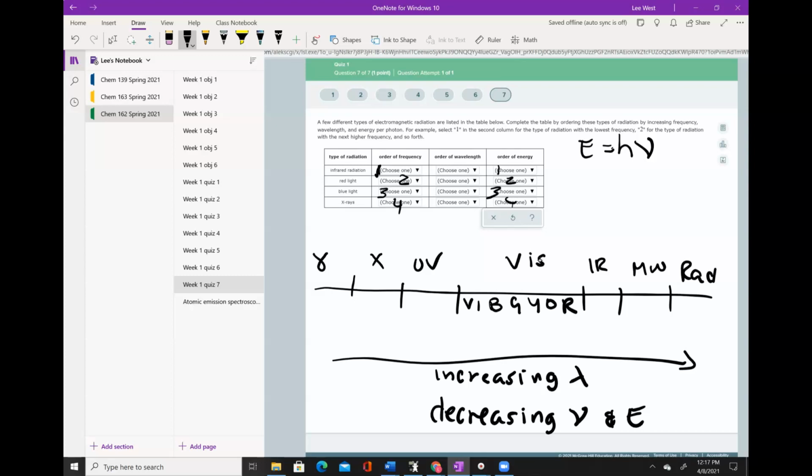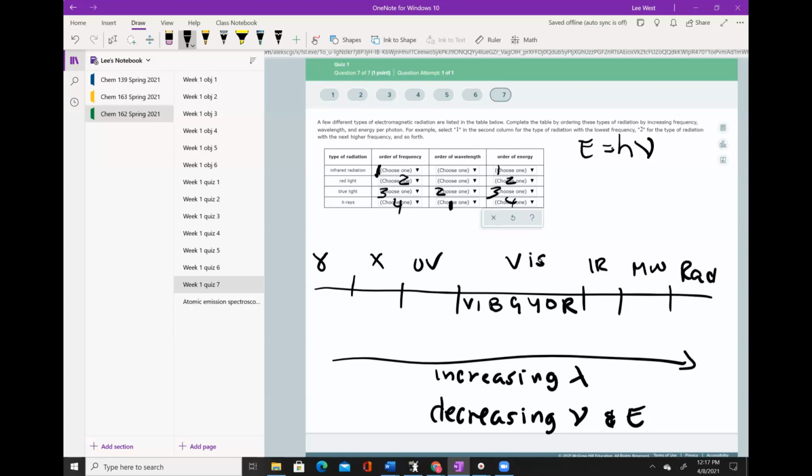So now we just got to do order of increasing wavelength, and we want to go left to right this time. Do we have gamma rays? No. Do we have X-rays? Yes. So that's going to be 1. Do we have UV? No. Violet? No. Indigo? No. Do we have blue? Yes. So that's going to be number 2. Do we have green? No. Yellow? No. Orange?